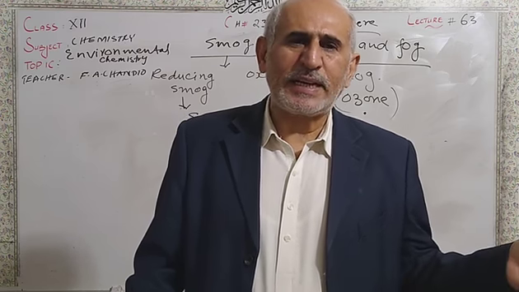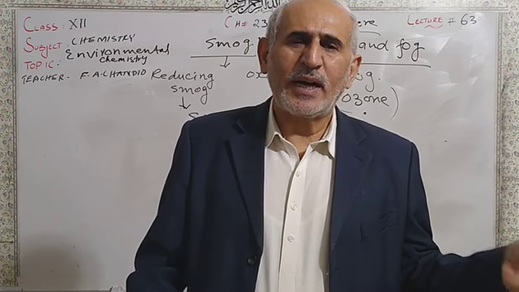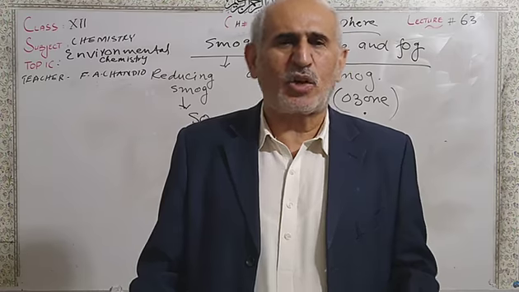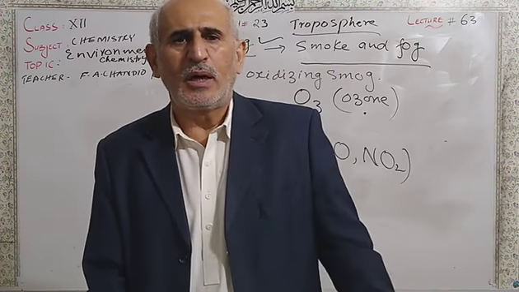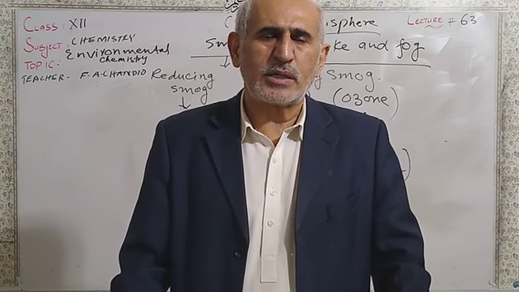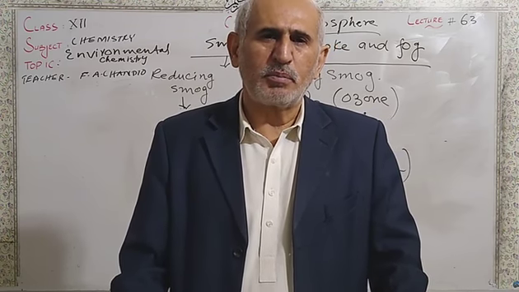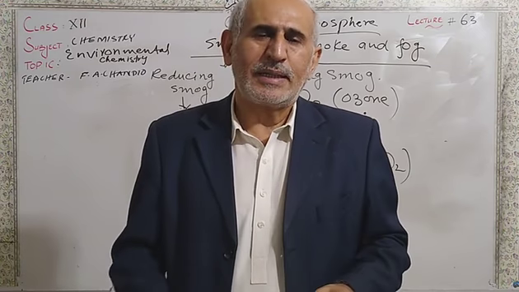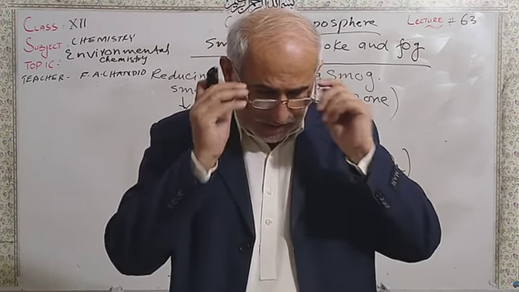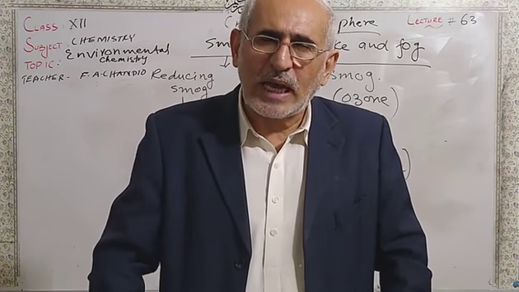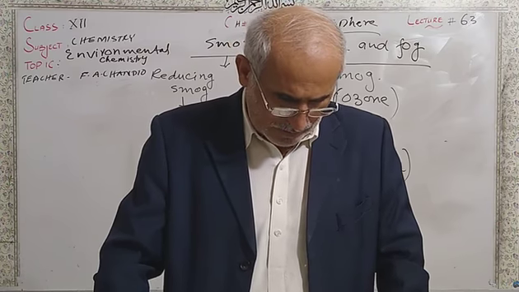So we work in industry, and we use these organic compounds as solvents and for different purposes: alcohols, ethers, carbon tetrachloride, petroleum products, many organic compounds that are volatile. They change into vapors. So these are the evaporating solvents. They evaporate at room temperature.